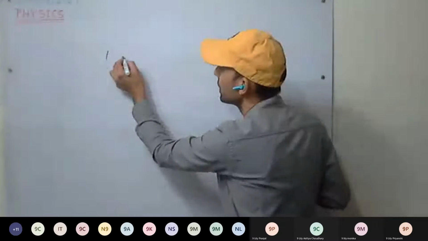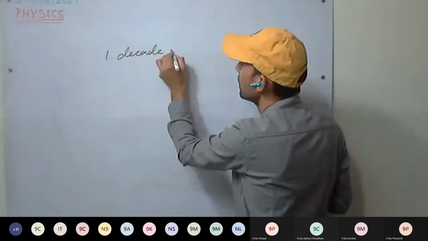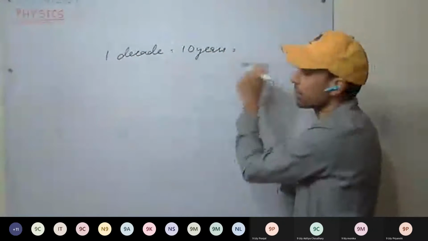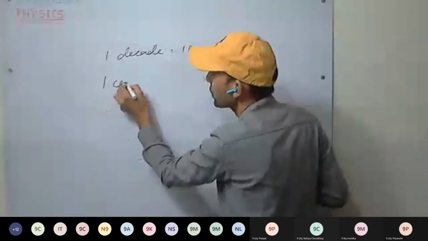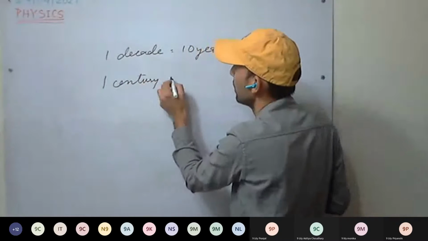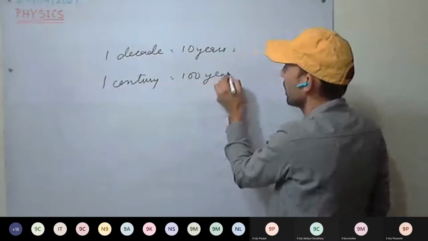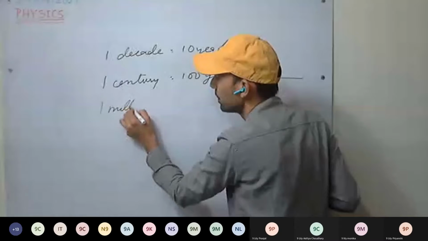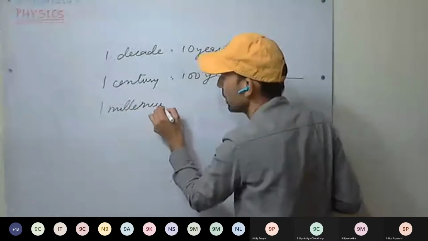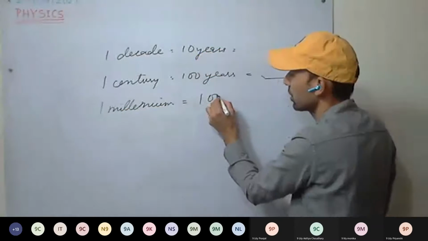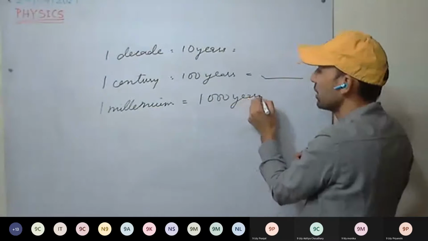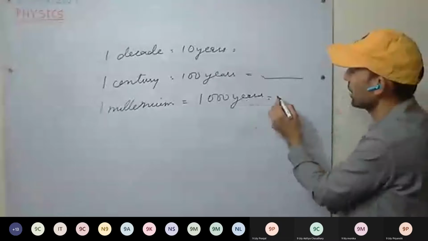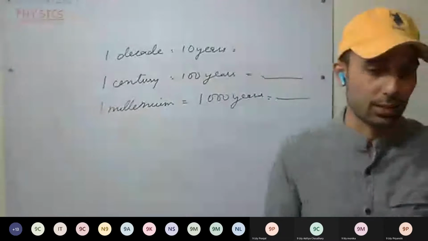So one decade is 10 years, 1 century is 100 years, and 1 millennium is 1000 years, like 2000 was the second millennium. We can convert all of these into seconds.